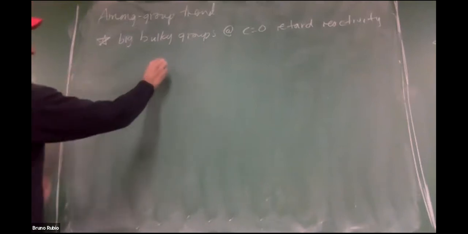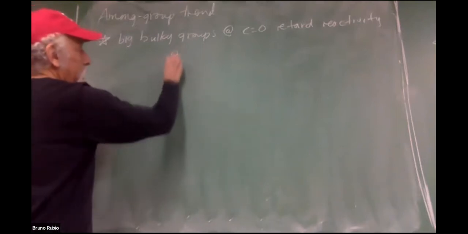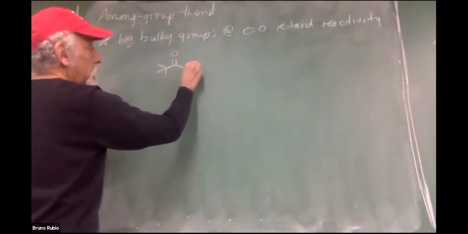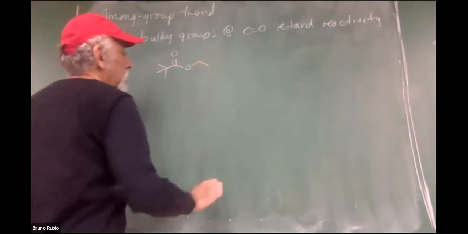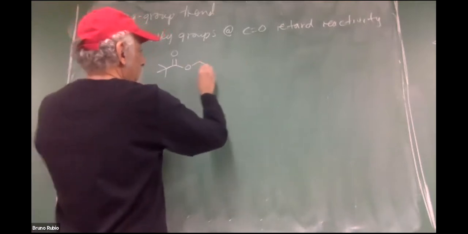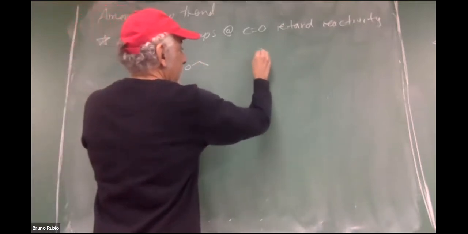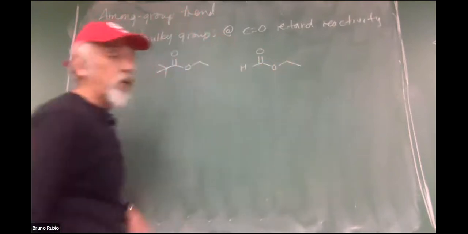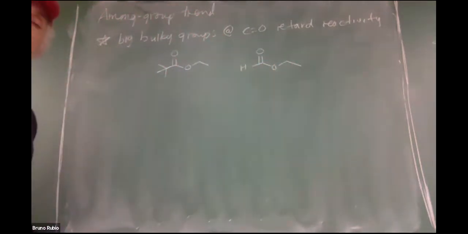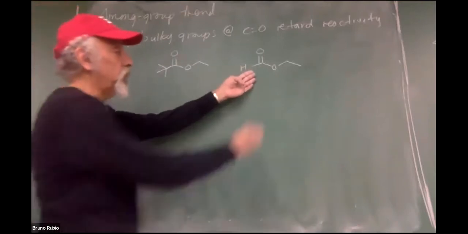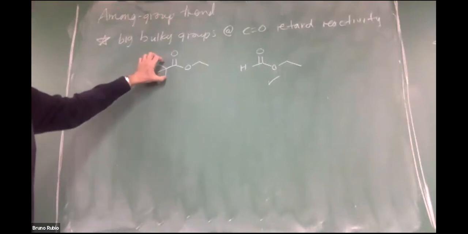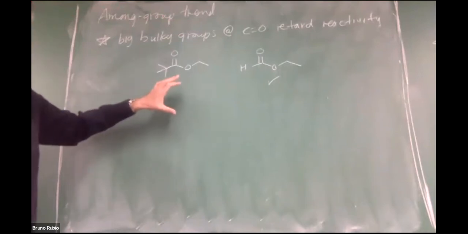So a concrete example of this would be, that's an ester. And this is an ester. Right? Which one is more reactive? It's going to be this one, right? Because this big chicken foot at the carbonyl is slowing down the reactivity.